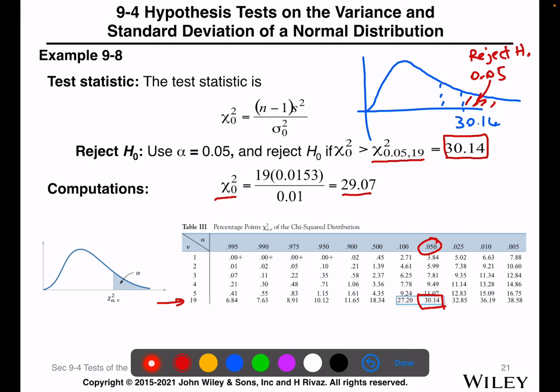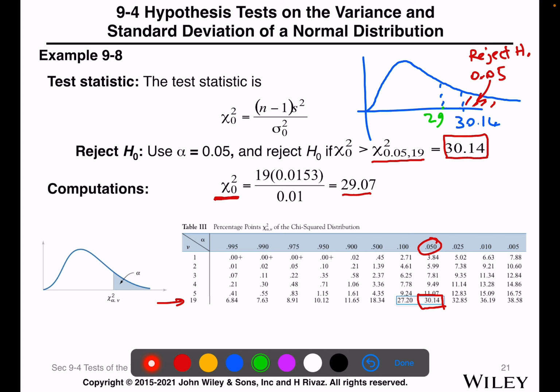And the chi-squared 0 that we compute is 29, so it's here, right? So should we reject the null hypothesis, or can we not reject the null hypothesis? What is it? Yeah, exactly. We fail to reject the null hypothesis because we don't have strong evidence to reject it, right?